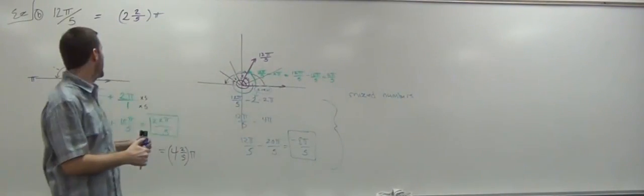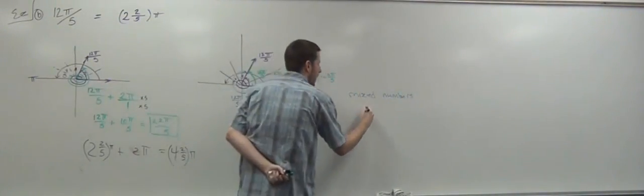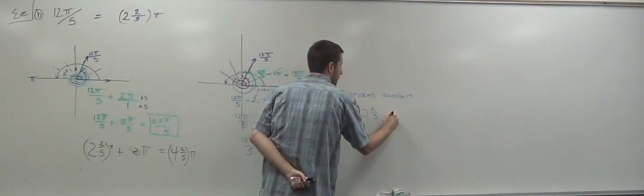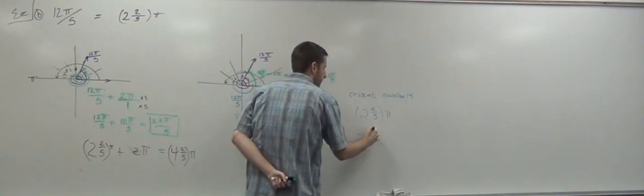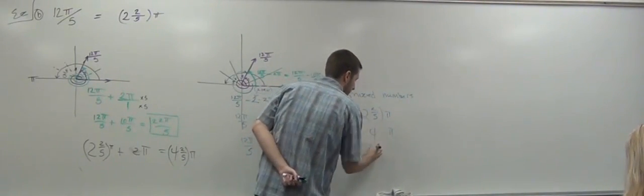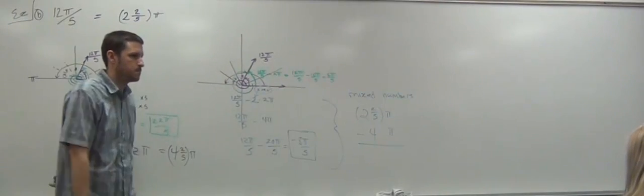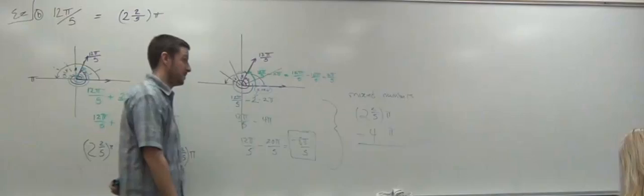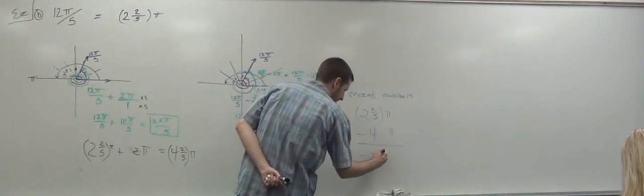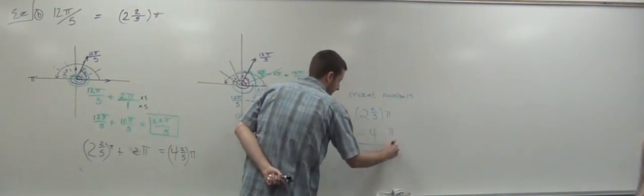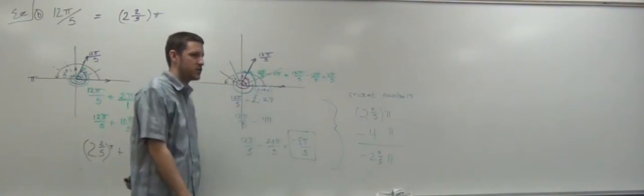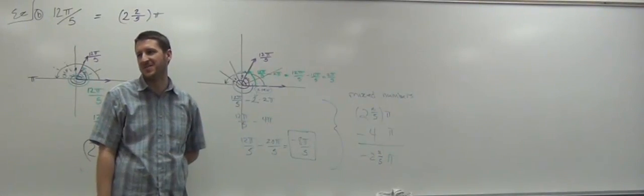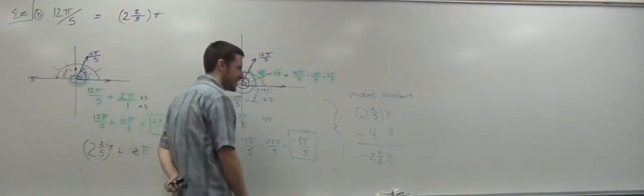What I see a lot of the time is people saying, well, I have 2 2/5 pi, and I know that I need to subtract 4 pi. Do you know what they tell me? Negative 2 2/5 pi. Just take 2 minus 4, let the 2/5 stroll along. Is that correct? Oh, no, that's very bad. That's wrong.